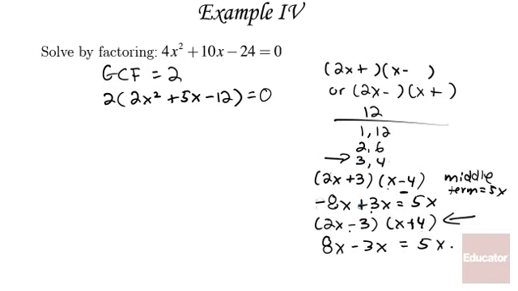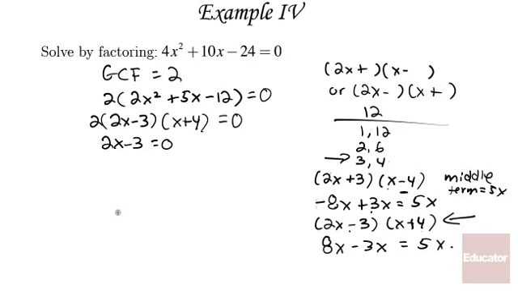Okay, so now I'm back here and I'm solving by factoring. This is going to give me 2x minus 3 times x plus 4 equals 0. Dividing both sides by 2, this 2 is just going to drop out. So when I use the zero product property, I'm going to get 2x minus 3 equals 0, and I'm also going to get x plus 4 equals 0.